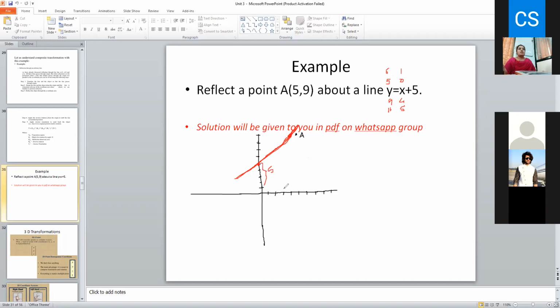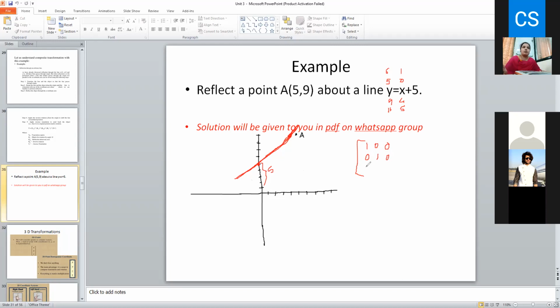So I will shift this line downwards so that it passes through the origin. For that, what will be the T matrix? The T matrix will be 1 0 0, 0 1 0. This is the translation matrix. I need to translate the line so that it passes through the origin.